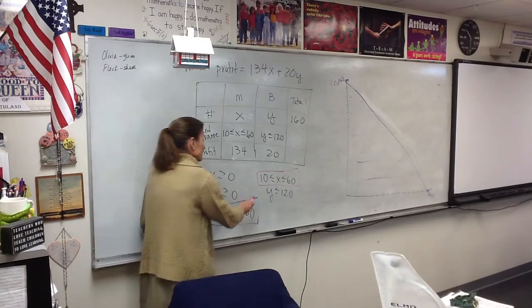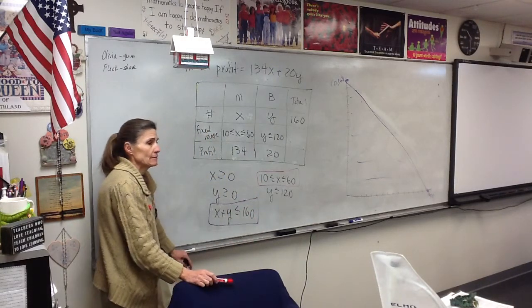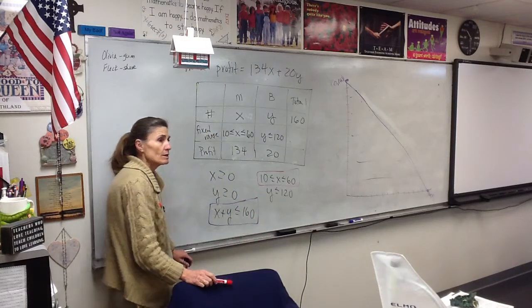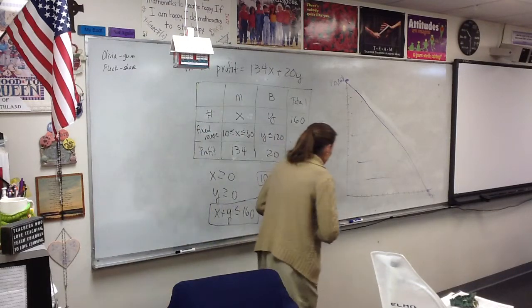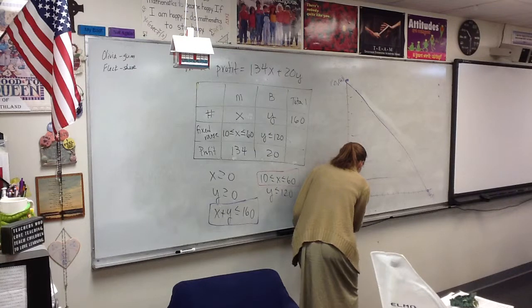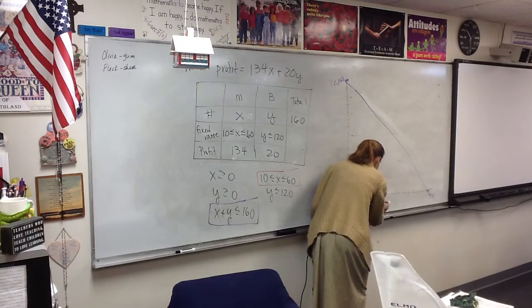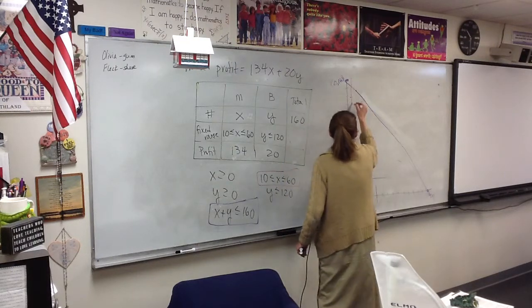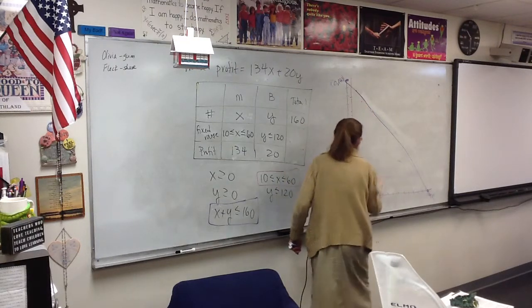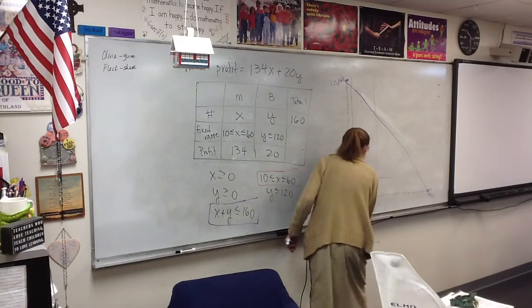How about this one? Any ideas what that looks like? X is between 10 and 60. So this is 10 right here, and this is 60 right here. So X is between those two marks.